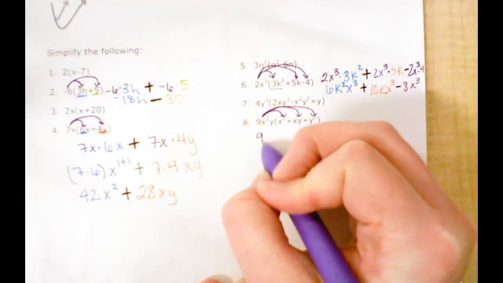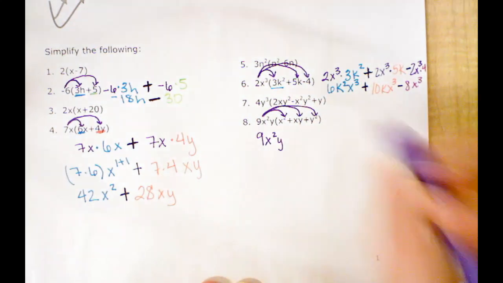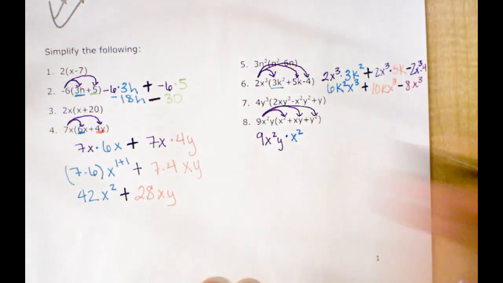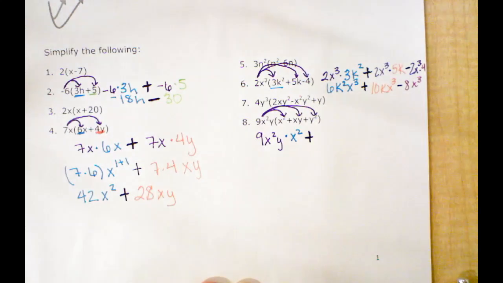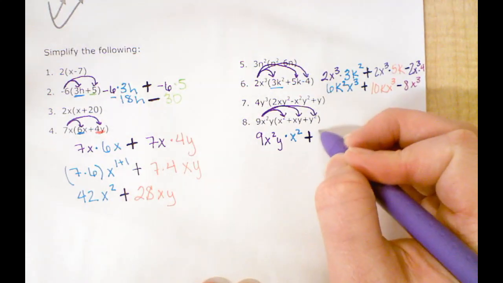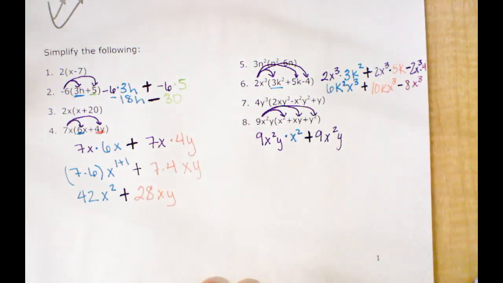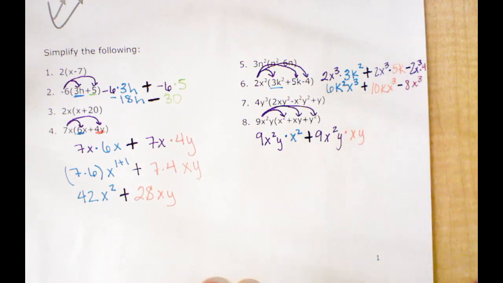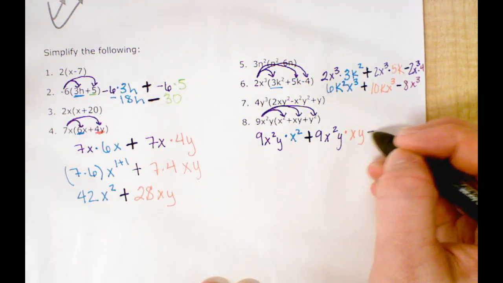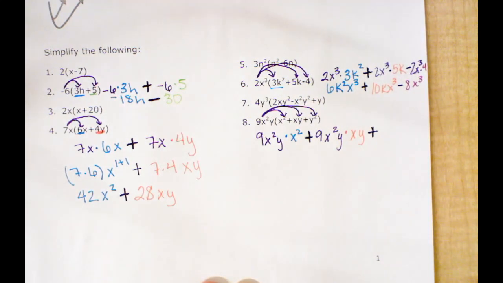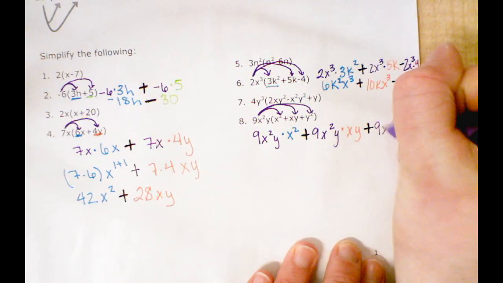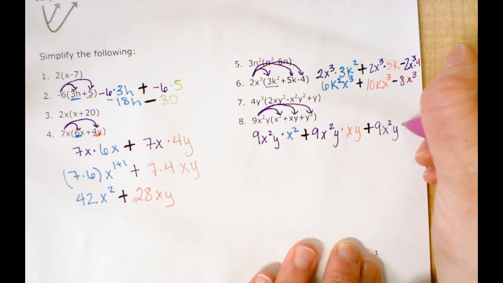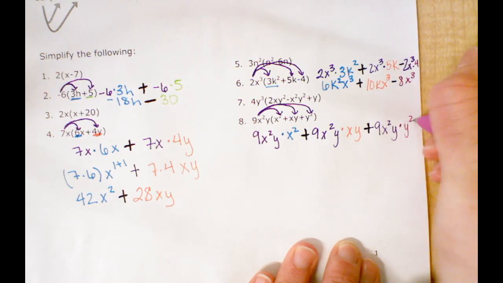So we're going to get 9x squared y times x squared plus 9x squared y times xy plus 9x squared y times y squared.